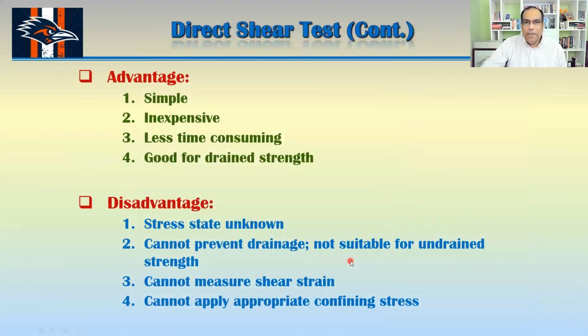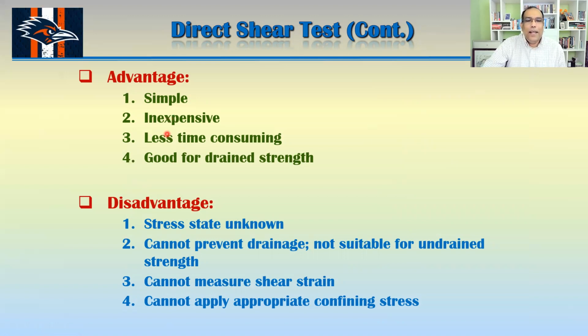Now, what is the advantage of the direct shear test? It's very simple, inexpensive, less time consuming, and good for drained strength. So first of all, it's simple. It's inexpensive; for each specimen, they usually charge like $250 to $350.